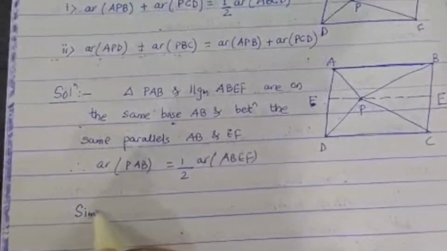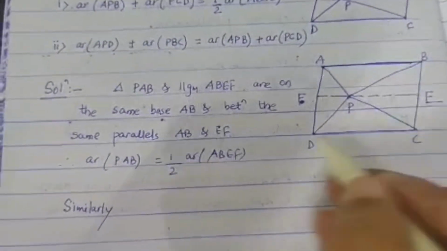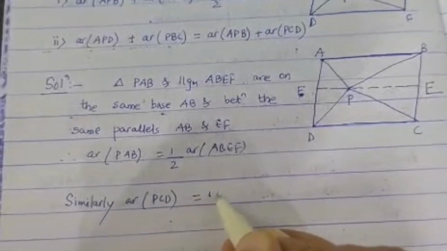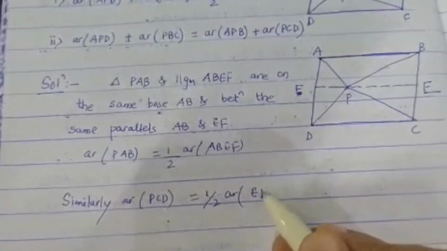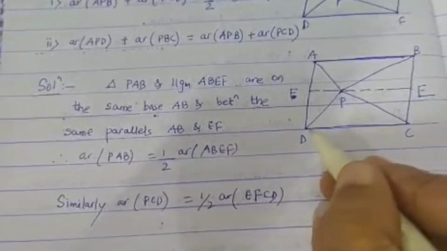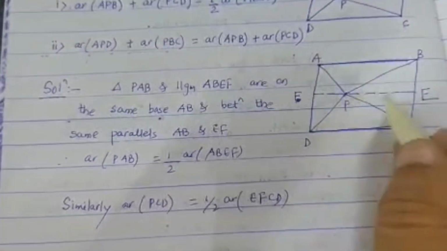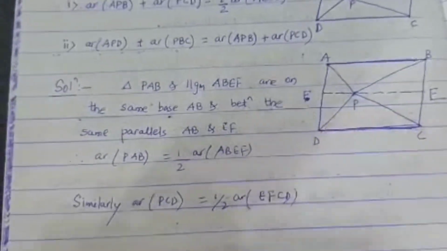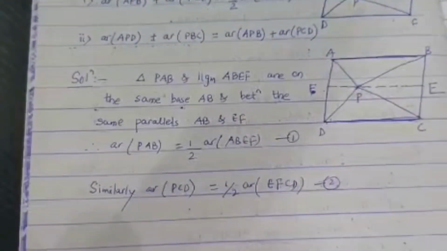Similarly, area PCD is equal to half of area EFCD, because this is the common base and this is lying between the same parallels EF and CD. So this triangle and this parallelogram, this is 1, this is 2, using the theorem.